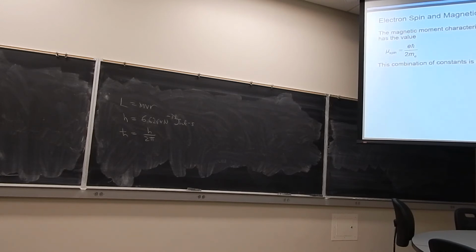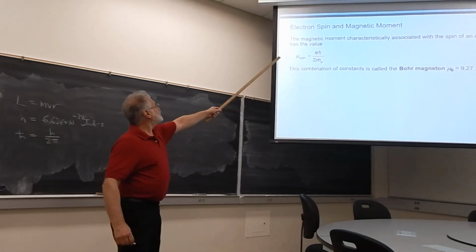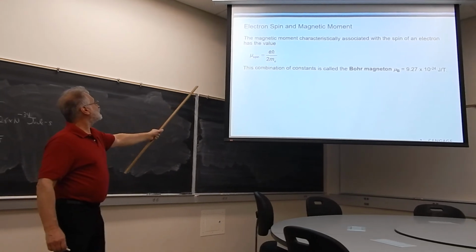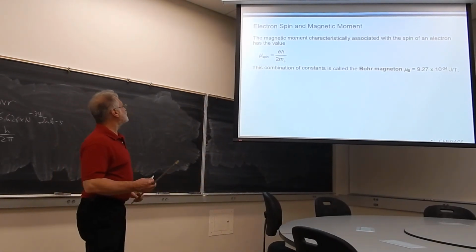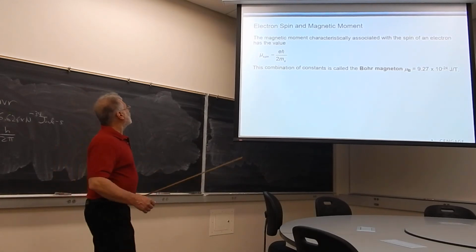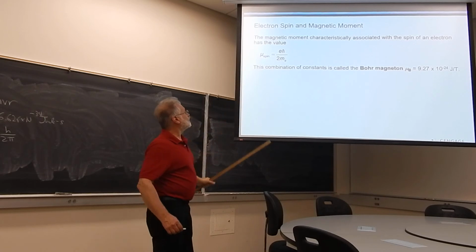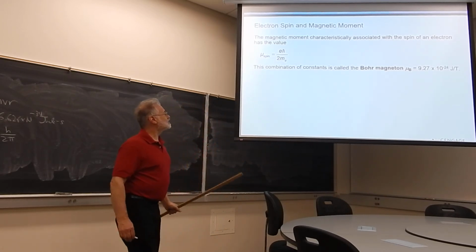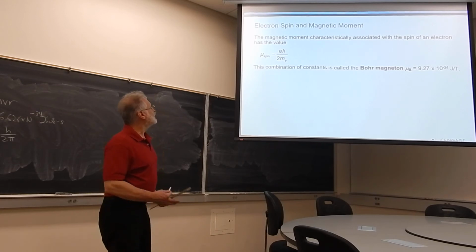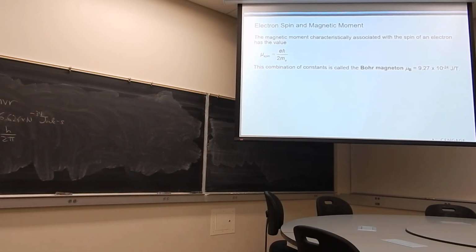The way the electron spin and the magnetic moment of the electron are related is the charge of the electron divided by twice the mass of the electron, times Planck's constant over 2 pi. This constant for the electron is called the Bohr magneton, and is equal to 9.27 times 10 to the minus 24 joules per Tesla in our SI units.